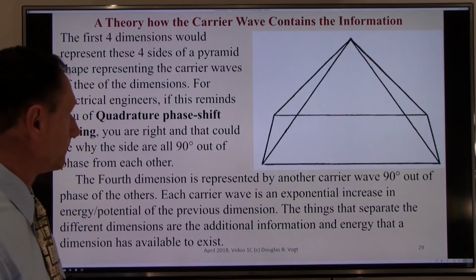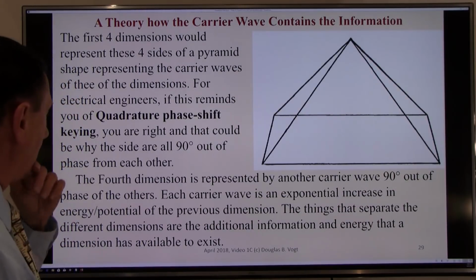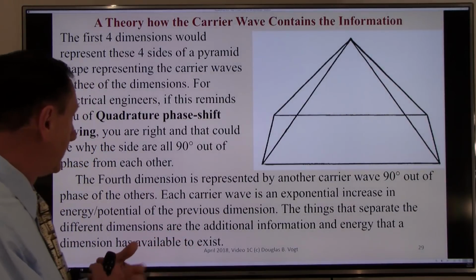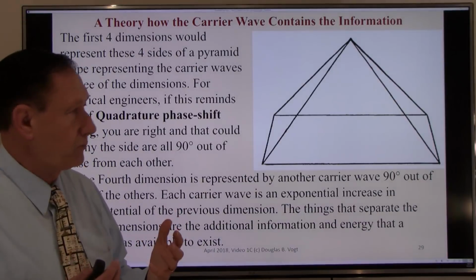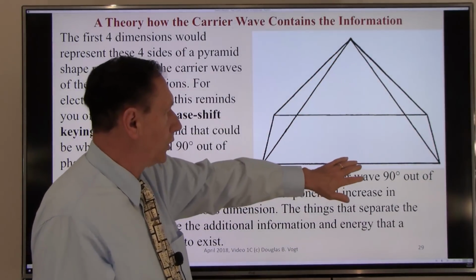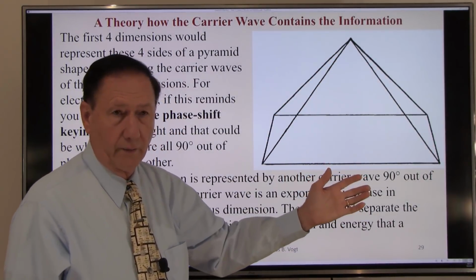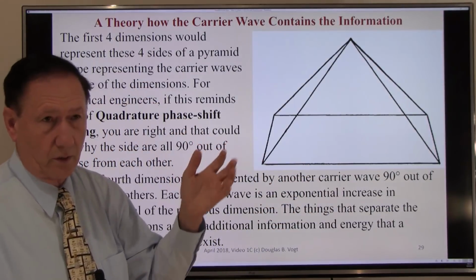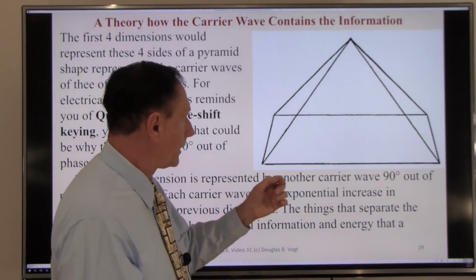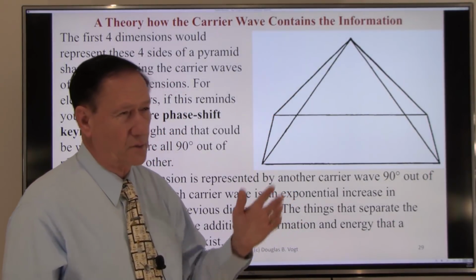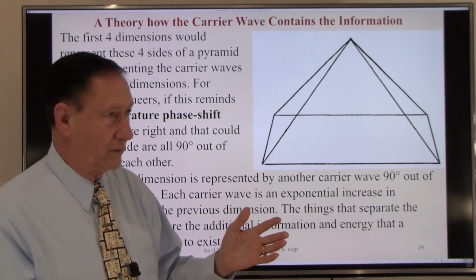I know that. Okay, so what the theory says is that each dimension is represented by a slope angle of a carrier wave. 52.66 degrees is the slope angle in this dimension. So the first dimension doesn't really have a carrier wave, it's information in the Diehold.